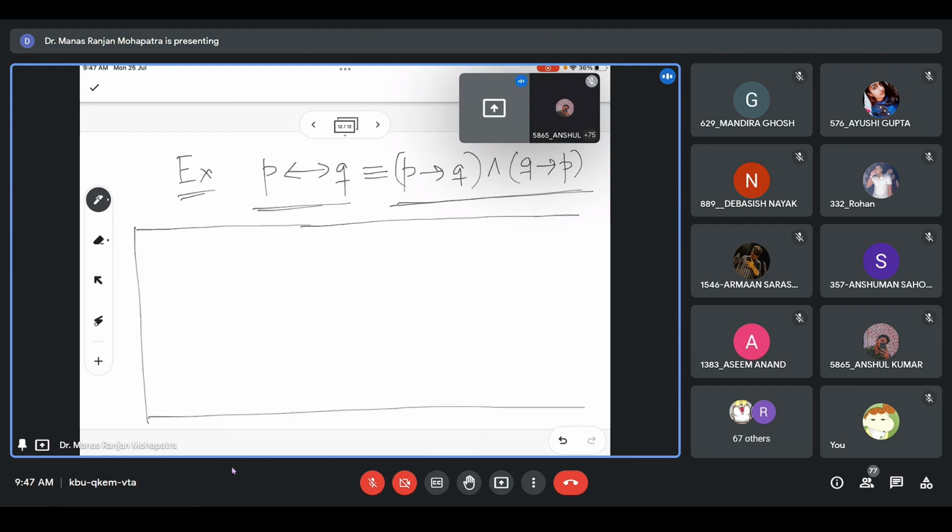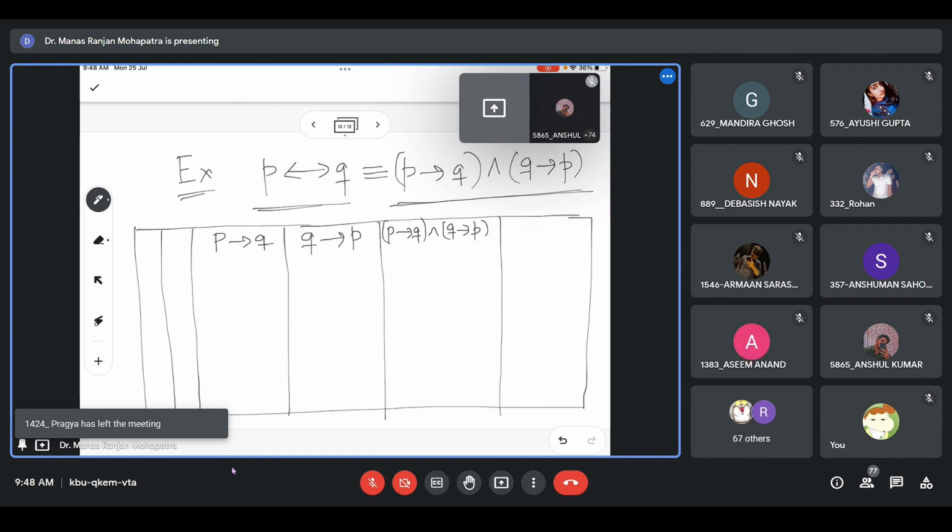So let us write that. I have P, Q. What else do I need? I need P implies Q, I need Q implies P, and then I need the conjunction, P implies Q conjunction Q implies P. And at last I'm writing P double implication Q.